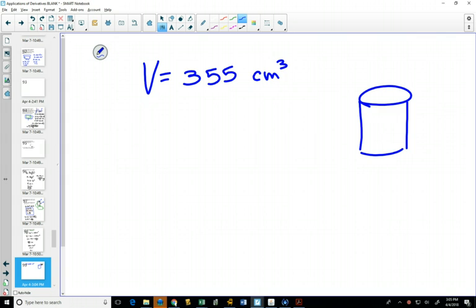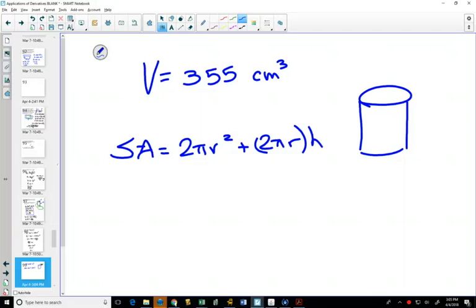So, again, our surface area is 2 pi r squared plus 2 pi r h, and our volume is pi r squared times our height.